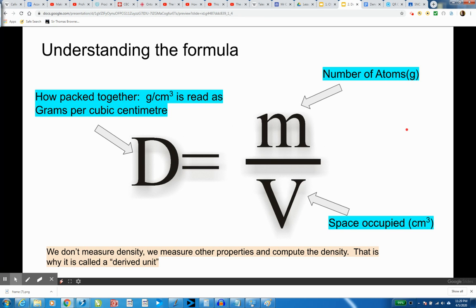The formula is meaningless if you don't understand it. So this formula has meaning. The mass is basically a count of the atoms in a way. It's telling you how much matter there is. And that amount of matter has nothing to do with gravity. I'll give you an example.